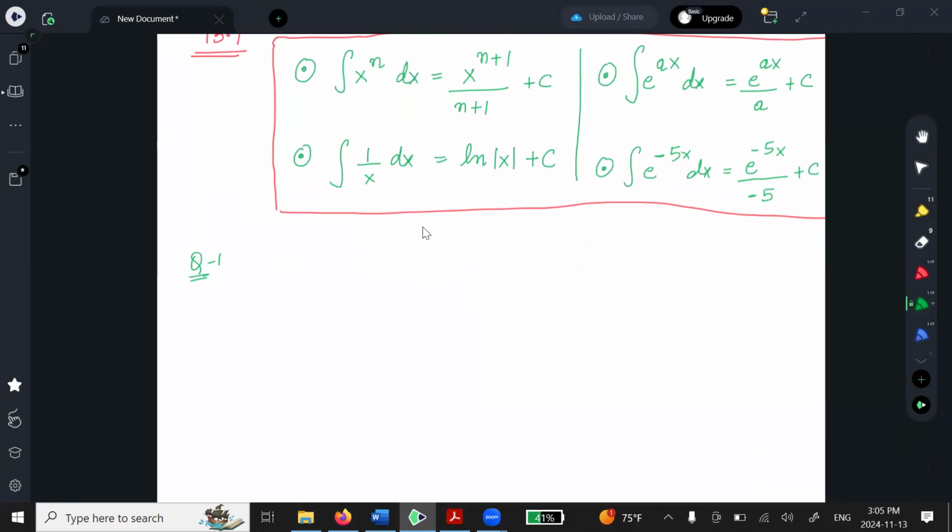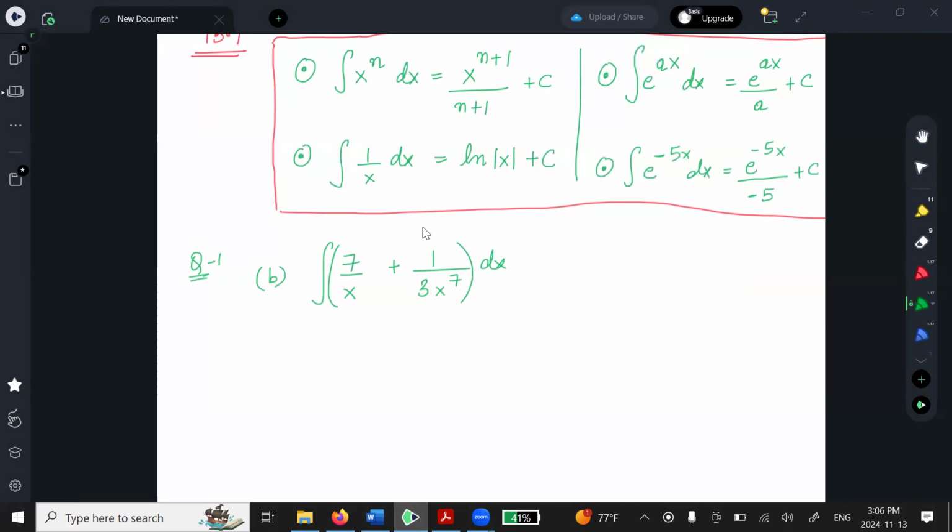So I'm picking number B from question number 1 of your 13.1 section. Question 1, find the indefinite integral, expect a problem in exam. Number B. So the question is, I have 7 over x plus 1 over 3x to the power 7 dx. So that's the function. I'm trying to integrate it.